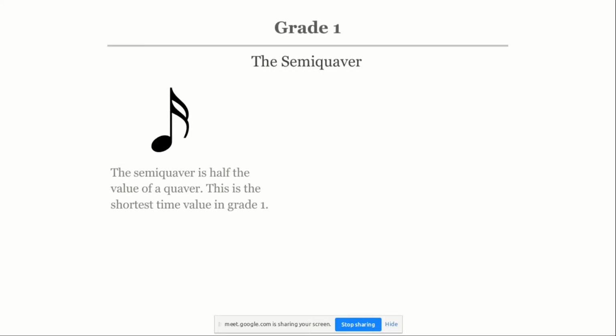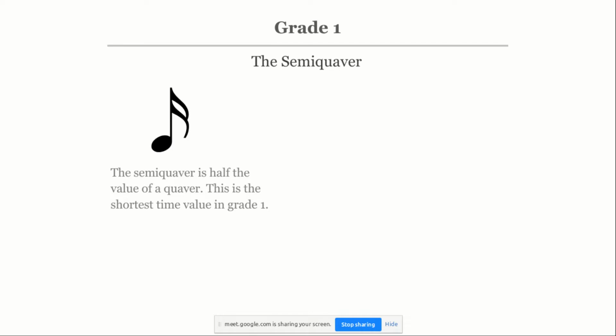So the semiquaver. Semiquaver looks like this. We all remember we learned last time about the semibreve, minim, crotchet, quaver. Now today we are learning about the semiquaver. The semibreve was a whole note and was worth 4 counts or 4 beats. A minim was a half note, and it was worth 2 counts.